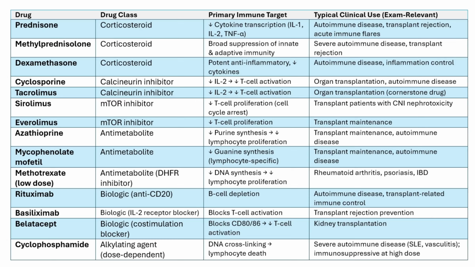Drug class: prednisone, corticosteroid; methylprednisolone, corticosteroid; dexamethasone, corticosteroid; cyclosporine, calcineurin inhibitor; tacrolimus, calcineurin inhibitor; sirolimus, mTOR inhibitor; everolimus, mTOR inhibitor; azathioprine, antimetabolite; mycophenolate mofetil, antimetabolite; methotrexate, low dose, antimetabolite, DHFR inhibitor; rituximab, biologic, anti-CD20; basiliximab, biologic, IL-2 receptor blocker; belatacept, biologic, co-stimulation blocker; cyclophosphamide, alkylating agent, dose-dependent.